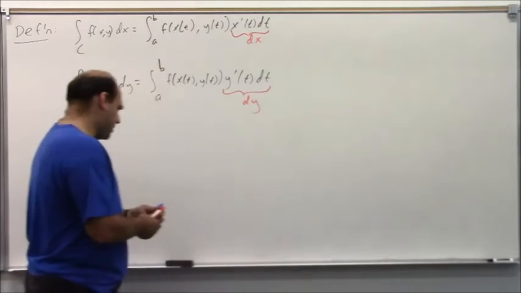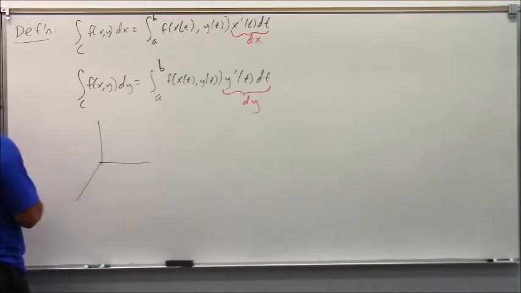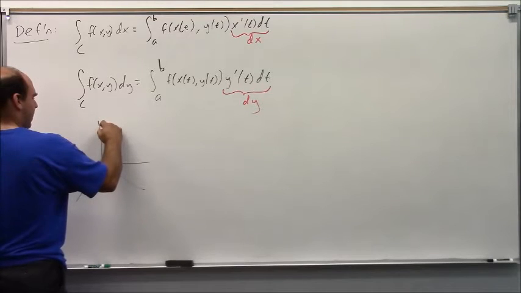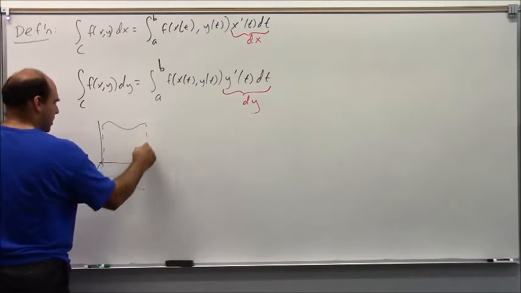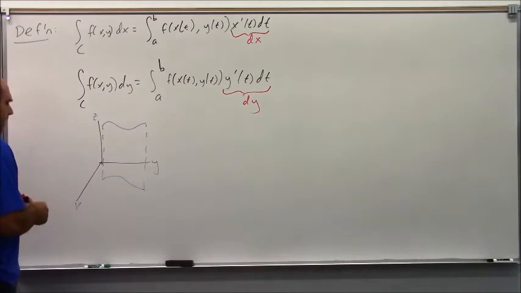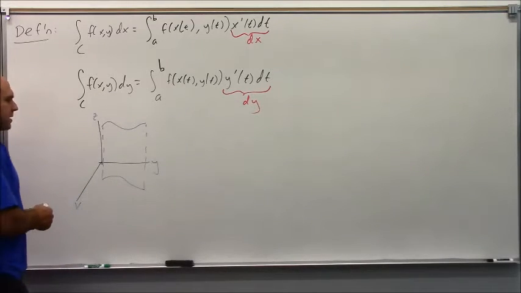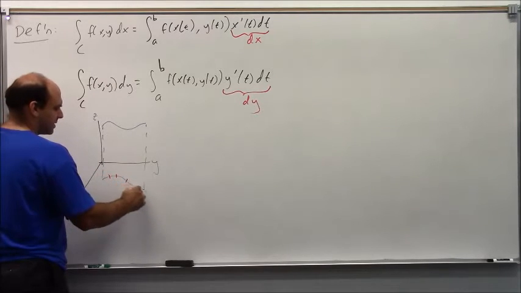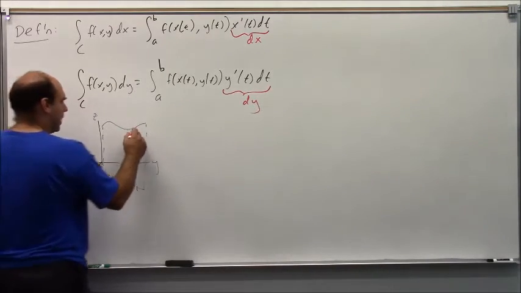So I have my curve in the plane, and I have my curve lying above it, doing whatever it does, some kind of shower curtain. And let me look at the dy integral because that'll be easier for me to draw here. So if I say I've subdivided this, I want to take my sample point and get a height here.